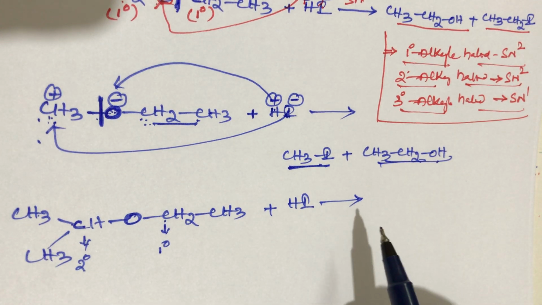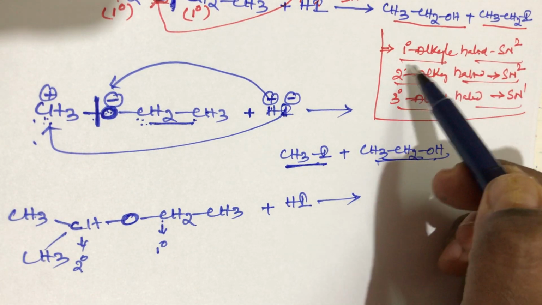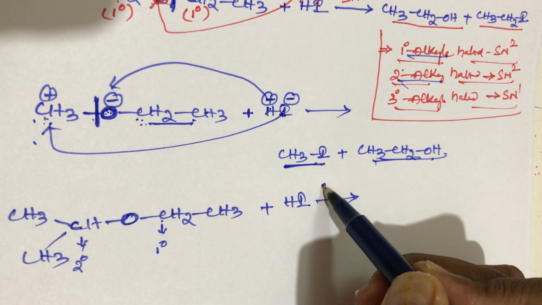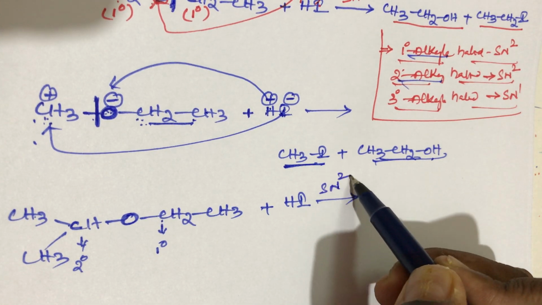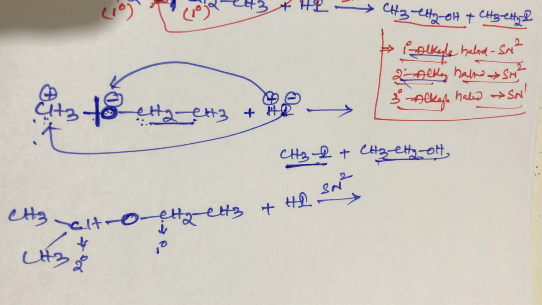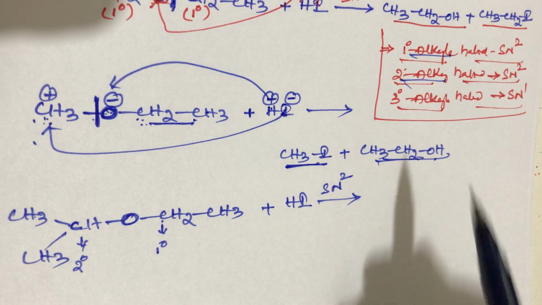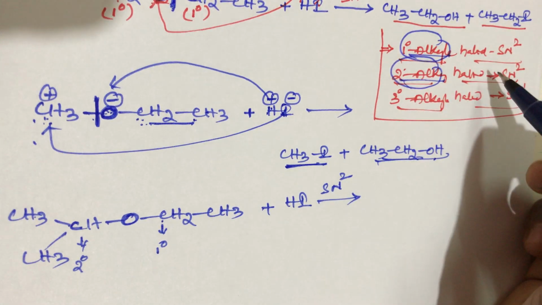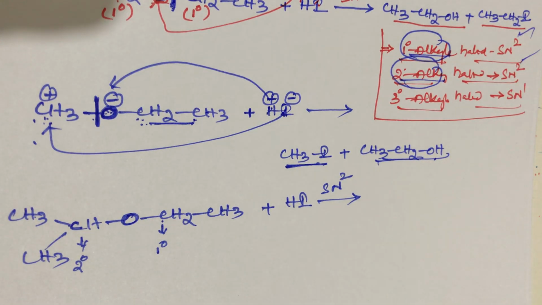Primary and secondary alkyl groups always follow the SN2 mechanism. So, in this reaction it follows the SN2 mechanism.